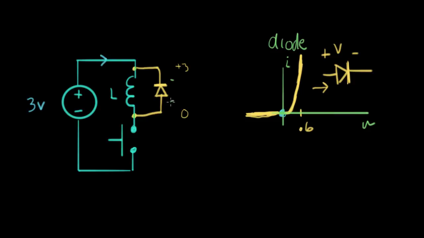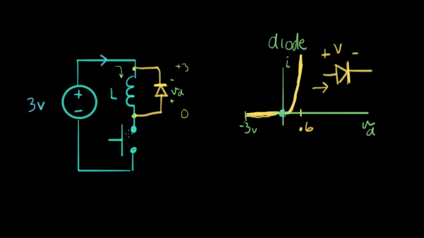Here's minus, plus, V diode. So this is a V diode of negative 3. So we're operating over here out at negative 3 volts on the diode. And the current through the diode is 0. There's no current flowing over here. All of this current is going down and going through the inductor and doing whatever this inductor is supposed to do.